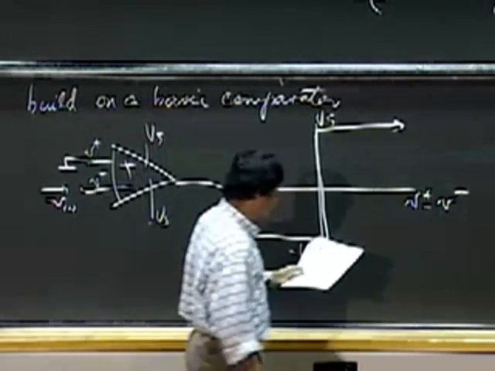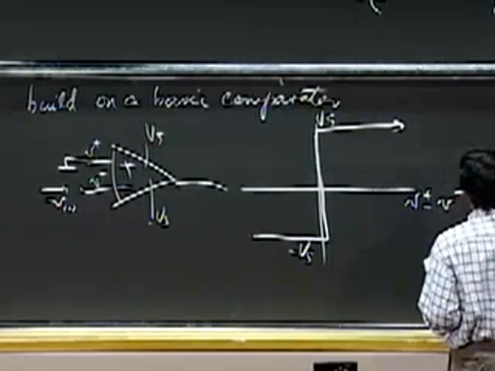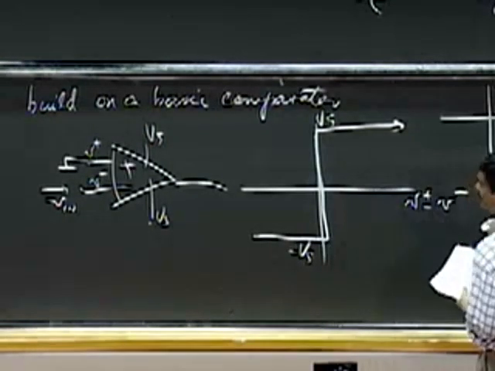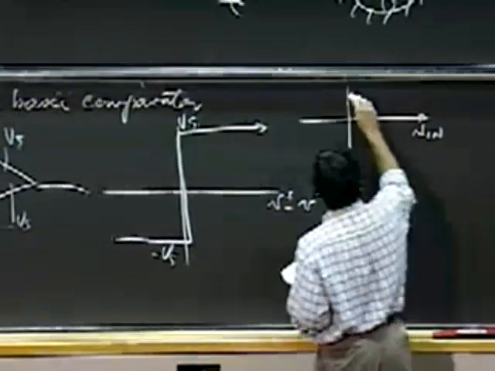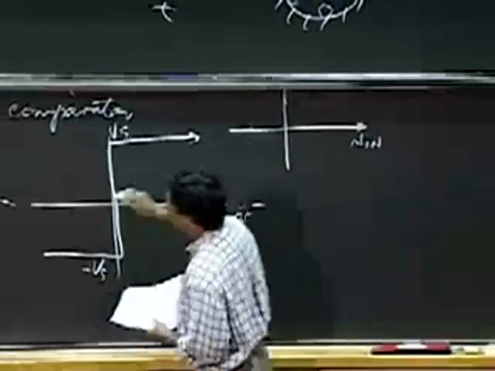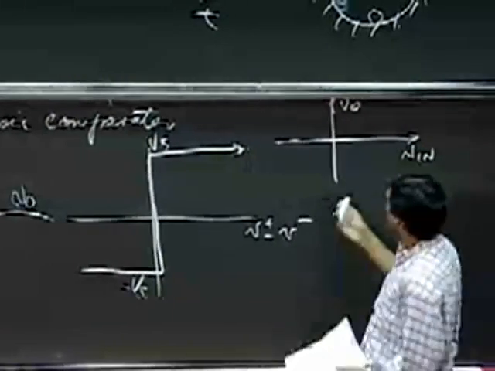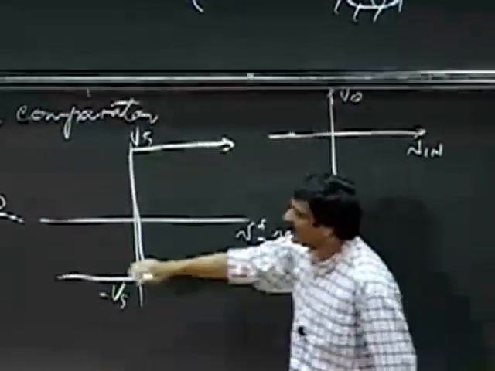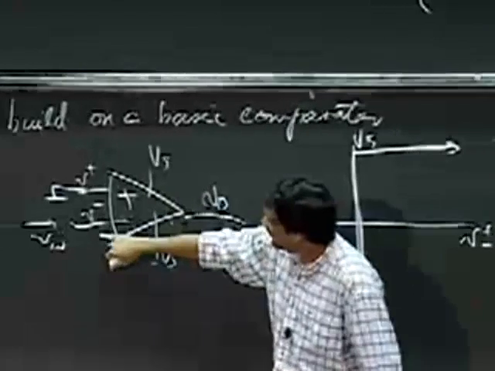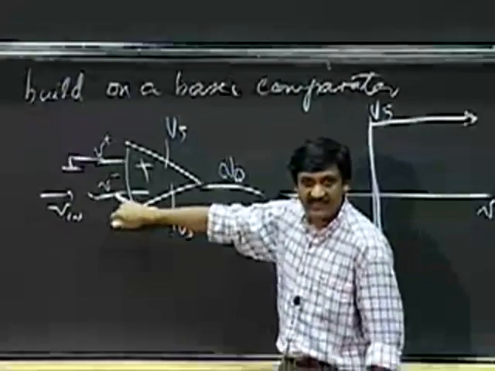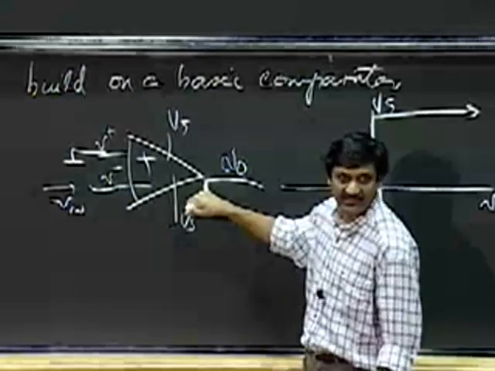If I plot the same thing in terms of V in, and this is V out, then notice that as V in increases, this guy should go to a negative rail.